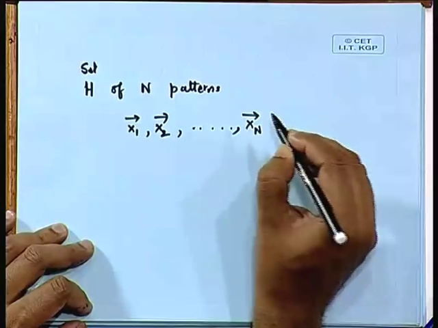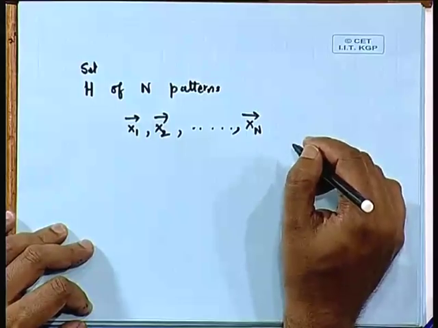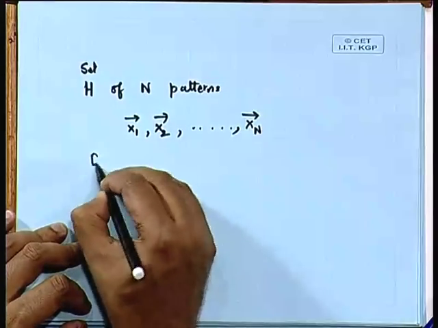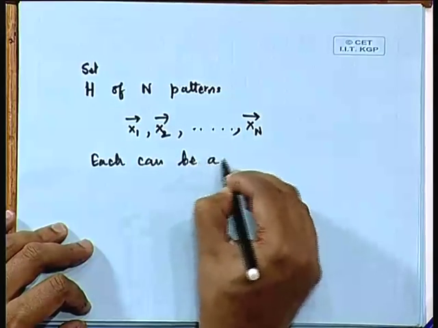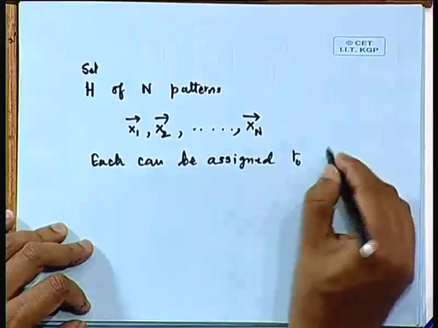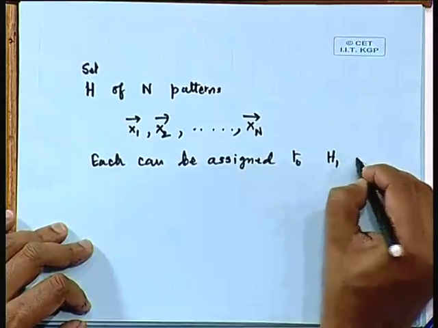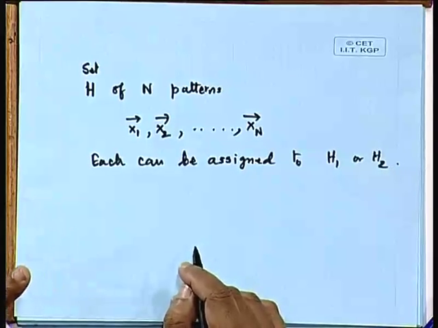Each of these n patterns can be assigned to two classes, and what are those two classes? H1 or H2. So, there are just two classes.